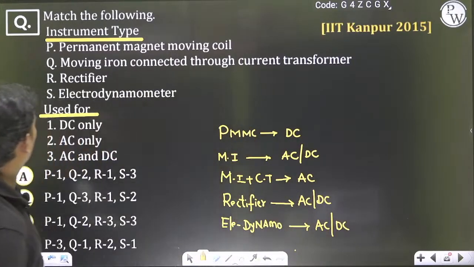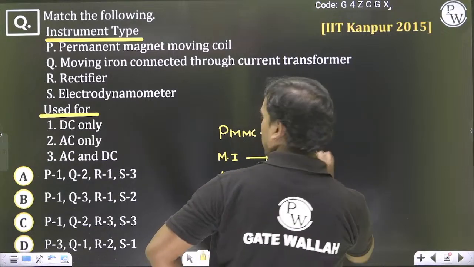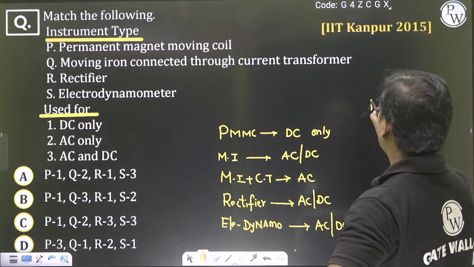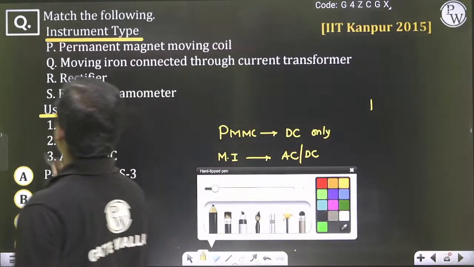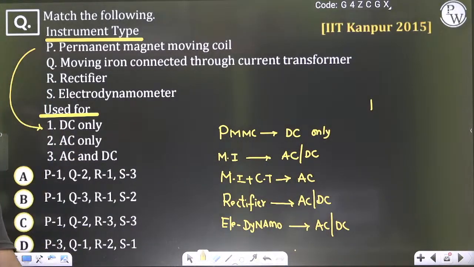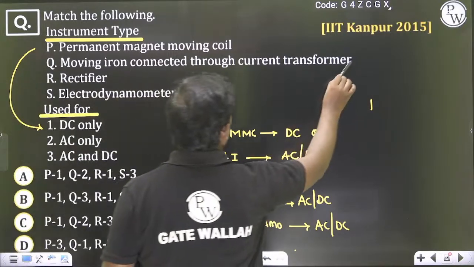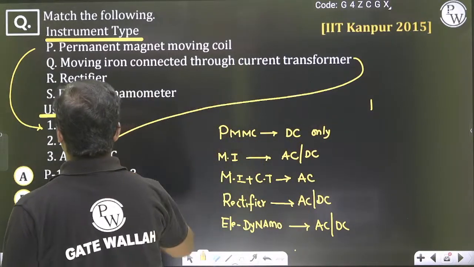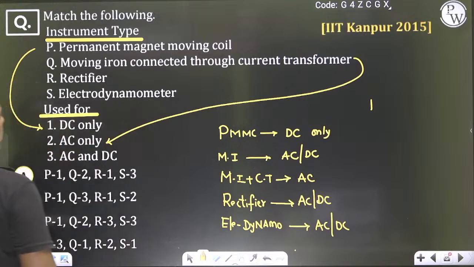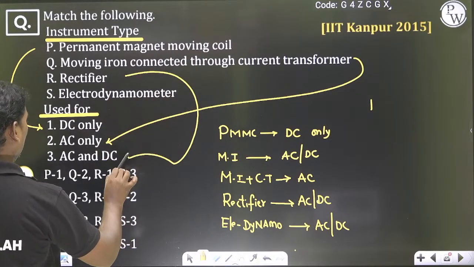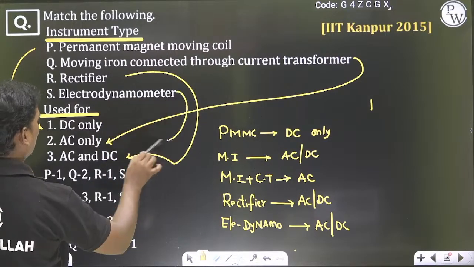So P goes to 1. Moving iron connected through current transformer is AC only, so Q goes to 2. R and S both go to 3, AC and DC.